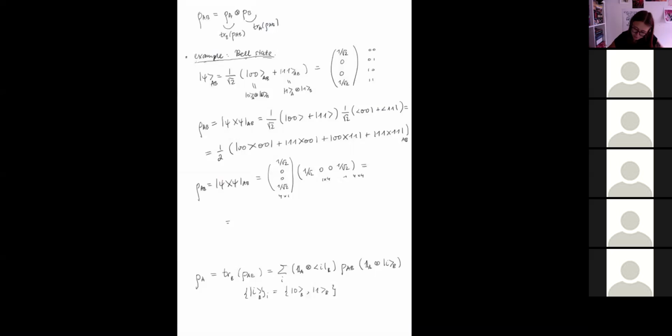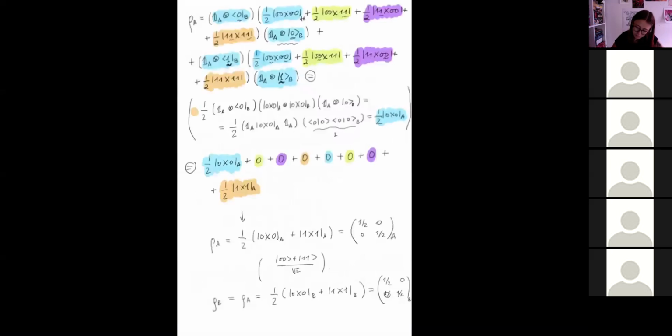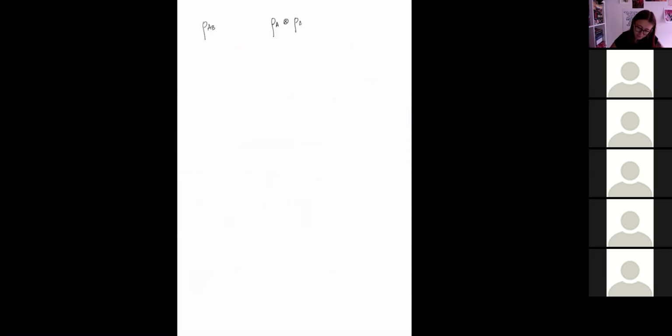Just copy it. It's this one here. And what is the matrix which corresponds to just the tensor product of the reduced states on systems A and B? For this, we just have to take the tensor product of these two matrices.